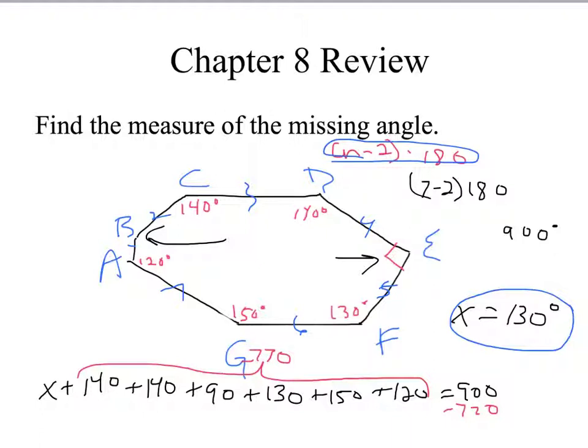I shouldn't say our last test because we may have a test afterwards, but probably not. But notice our labels. Our labels are degree symbols. Make sure you put those in when looking for an angle. However, if I'm looking for a side, I should not see that degree symbol. All right?